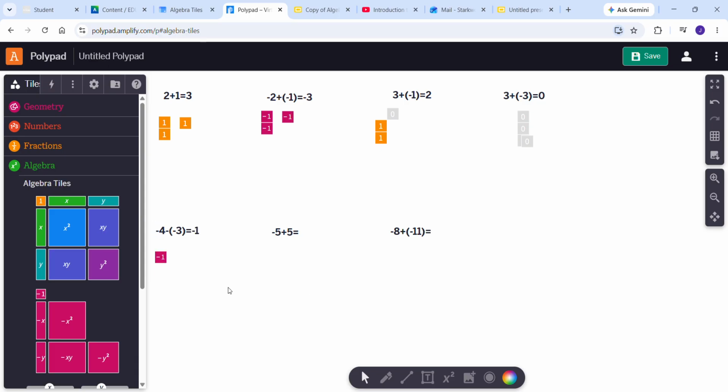So now we have -5 plus 5. We're going to start with the -5s here. 1, 2, 3, 4, 5. And then we're adding 5, just 5 positives. There's no parentheses around, nothing, so we know that that's a positive 5.